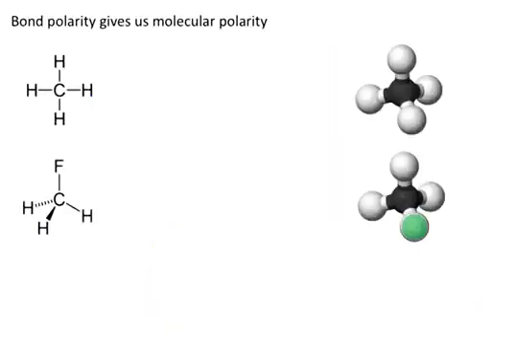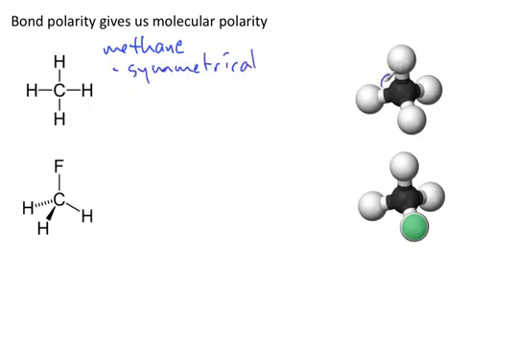So once we've got the bond polarity sorted out, we want to take a look at the molecule. And so again, we have to look at the shape. Two things: the bond polarity and then the shape. So again, if we go back to methane, this is methane, CH4. And so methane, if we drew the Lewis structure, looks very symmetrical. You would certainly think that's very symmetrical, everything nice and evenly spaced out. And it is in fact symmetrical.